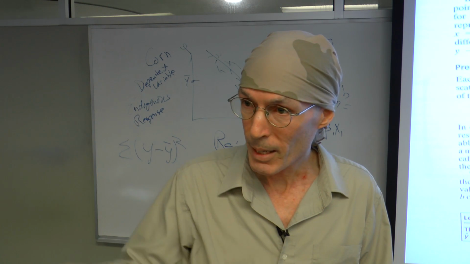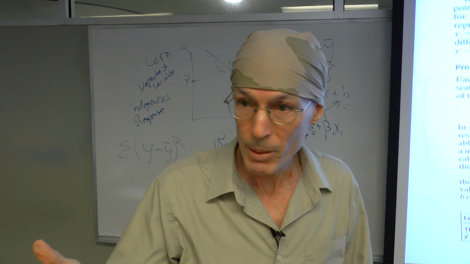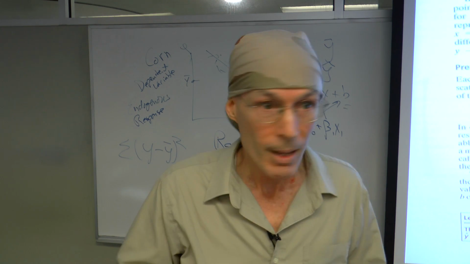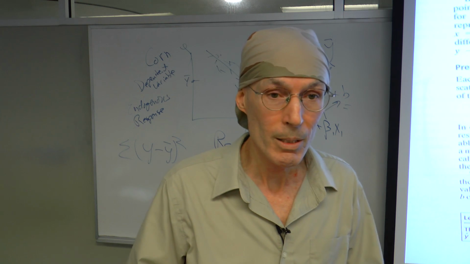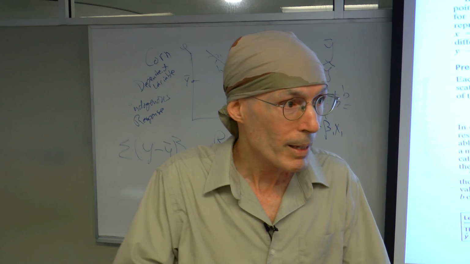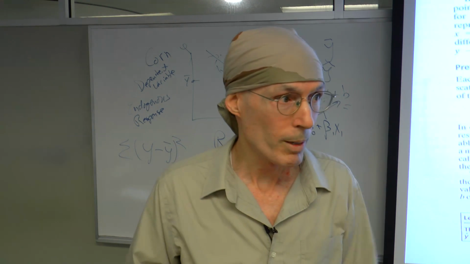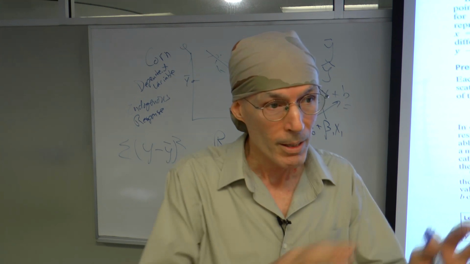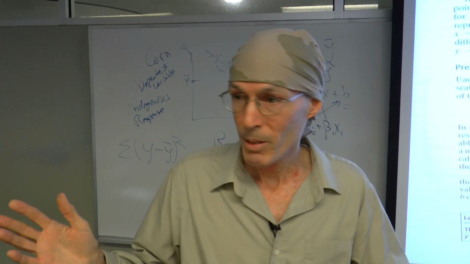We have explanatory variables where, as the explanatory variable goes higher, our dependent variable, or endogenous variable, also goes higher. We also have cases where the explanatory variable gets higher and the dependent variable gets lower. And we have cases where the explanatory variable gets higher and the dependent variable doesn't even notice.